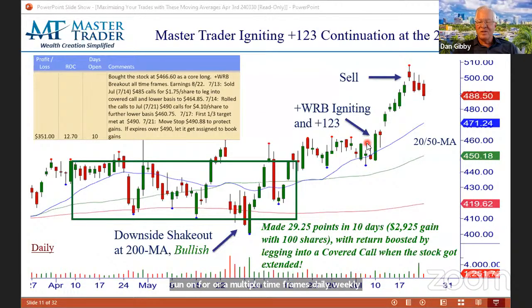And so this was an igniting breakout again from a big bottoming pattern. But we had a beautiful 10-day run. I'm guilty of that, and we just took our money: 10-day swing gain, 29 points, 10 days.